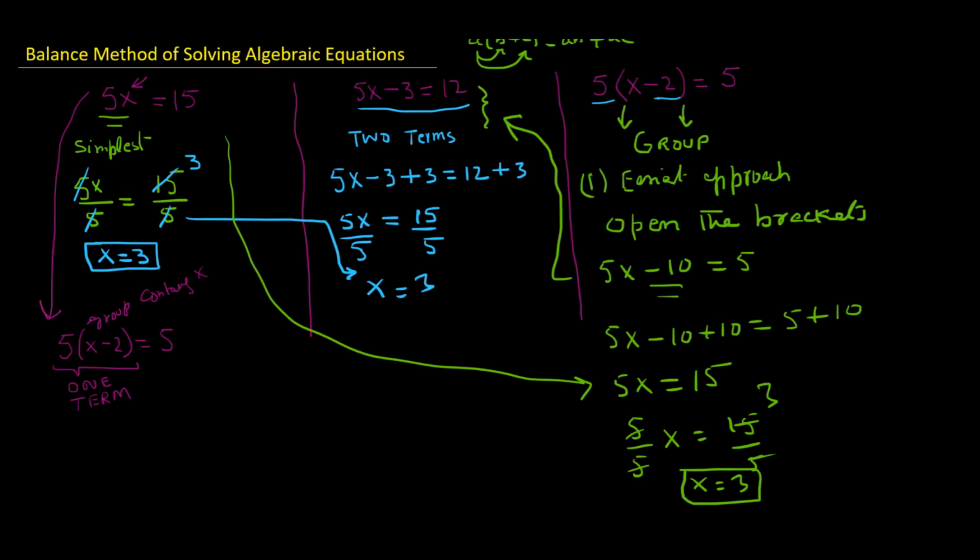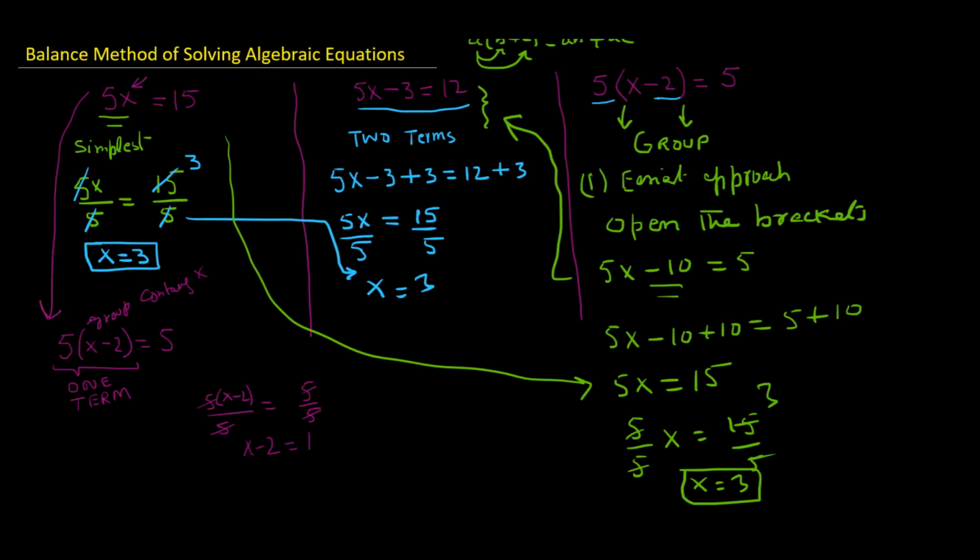So we can divide by 5 on both sides and we will get 5(x minus 2) divided by 5 equals 5 divided by 5. And you can cancel this out, and x minus 2 equals 1.